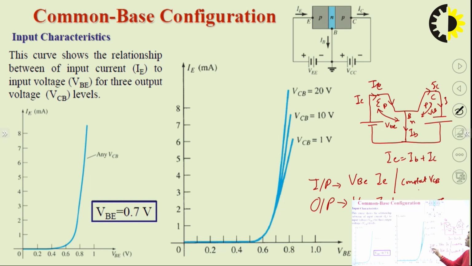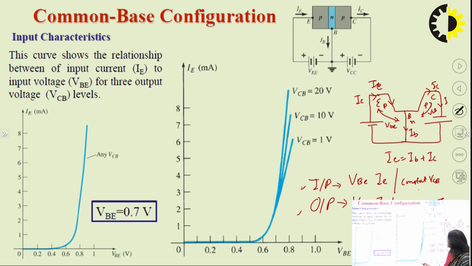So these two things we have to keep in mind. While plotting the input characteristics, we have to plot the graph between VBE and IE while keeping VCB constant, and for output characteristics we have to plot the graph between VCB and IC while keeping emitter current constant.